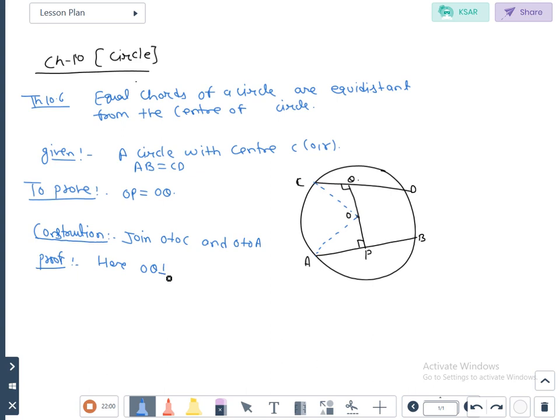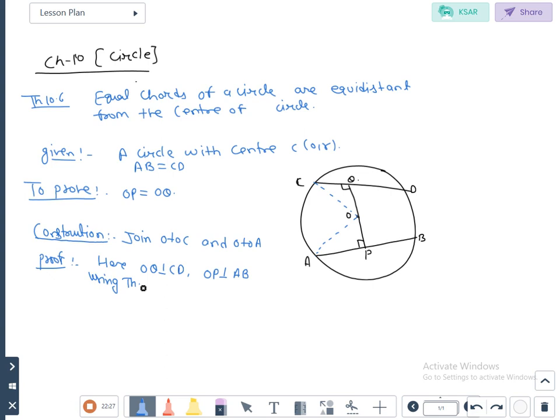Now in proof part, students, here OQ is perpendicular to CD, OP is also perpendicular to AB. Then using the theorem, if from the center of the circle we draw the perpendicular on the chord, then it divides the chord into two equal parts.